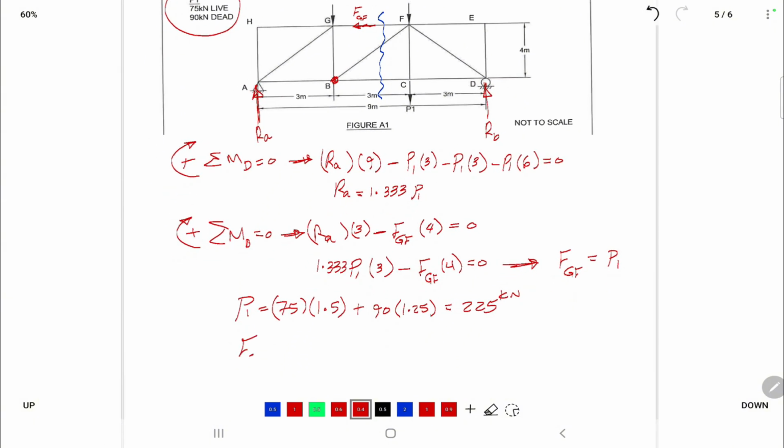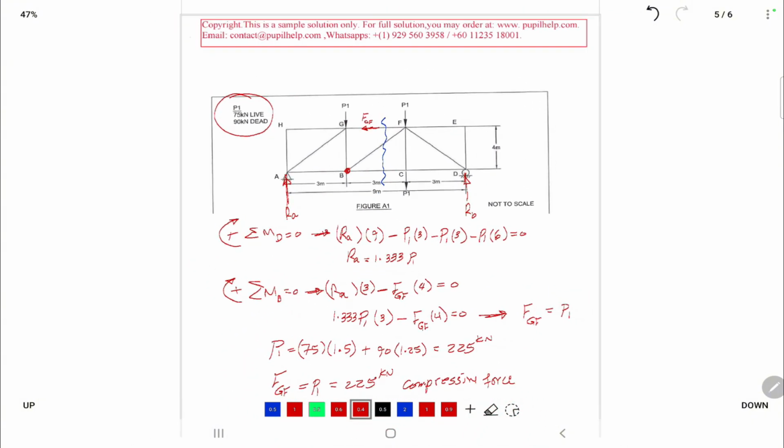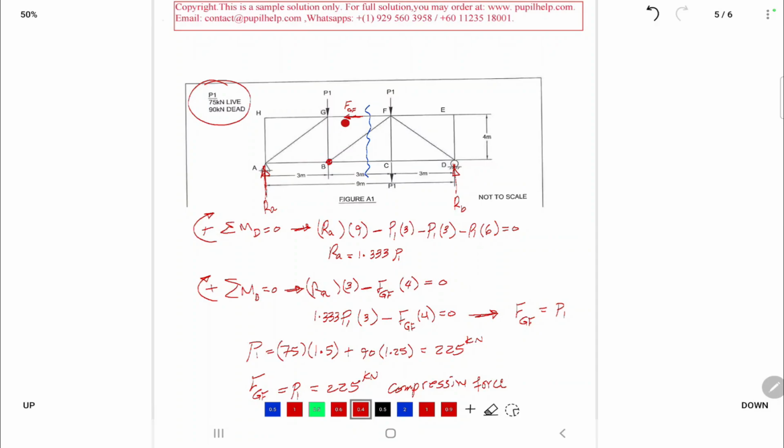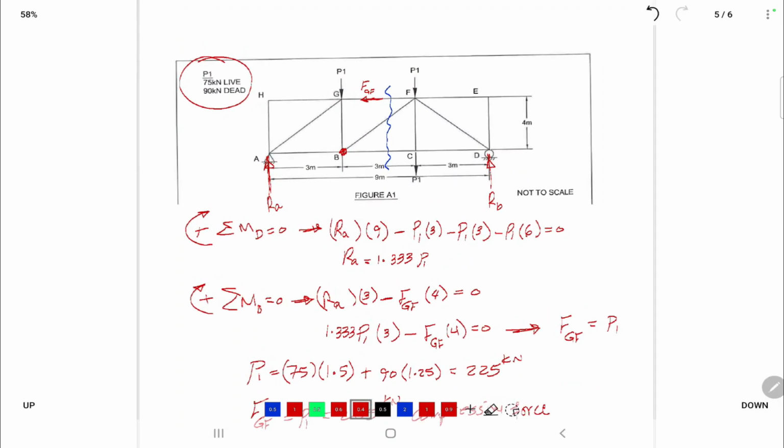So FGF, because it is equal to P1, will equal 25 kilonewton compressive force. Okay, so now I have computed the compressive force.